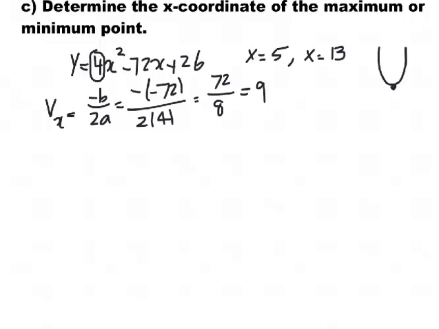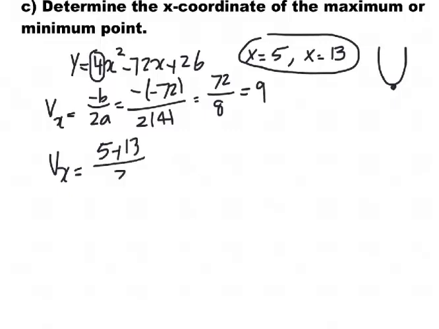This is one way of doing it. Or the other way is that I find the average of the x-intercepts. I can say v sub x is 5 plus 13 divided by 2, which is 18 divided by 2, which is equal to 9. You can see that it gives me exactly the same value.